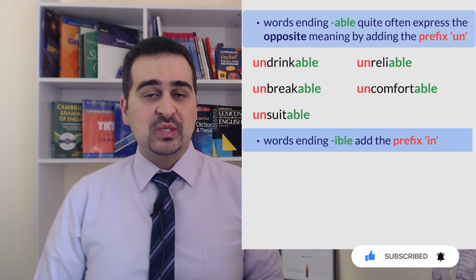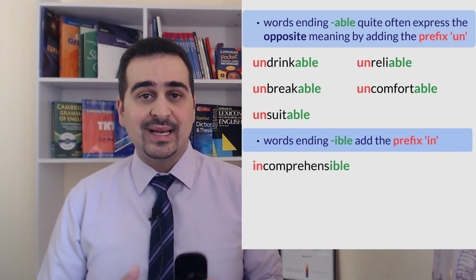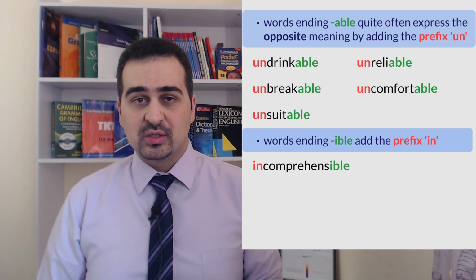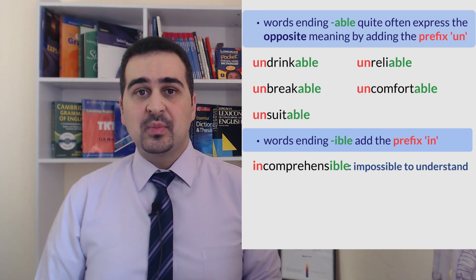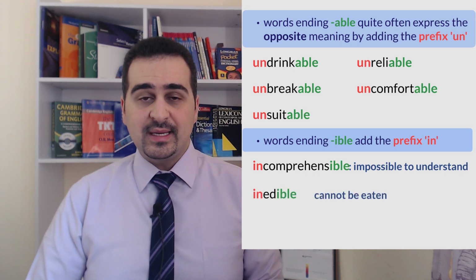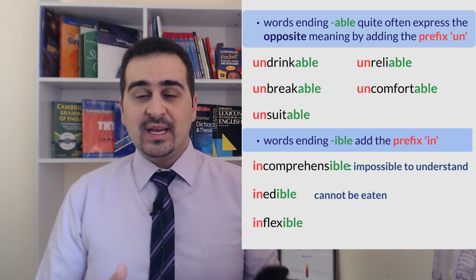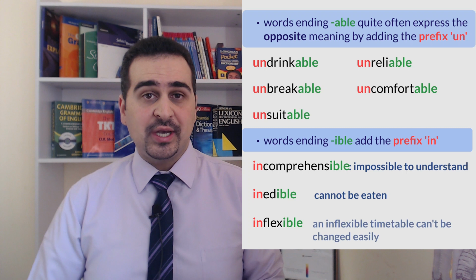For example, when we describe something as incomprehensible, that means it cannot be understood or it's impossible to understand. Another example, inedible, if something cannot be eaten. Inflexible, when we describe a timetable that cannot be changed easily.